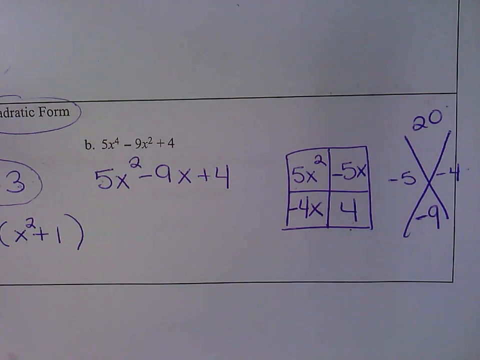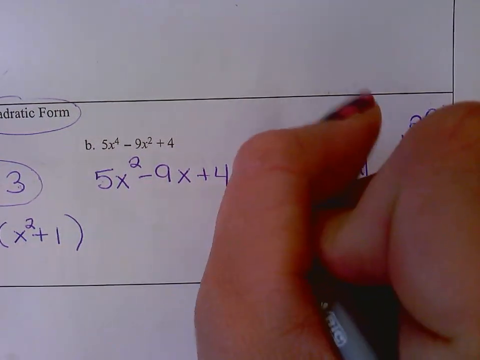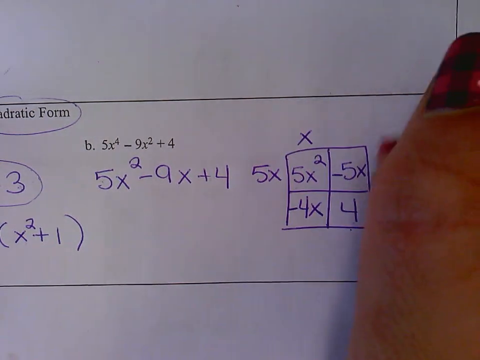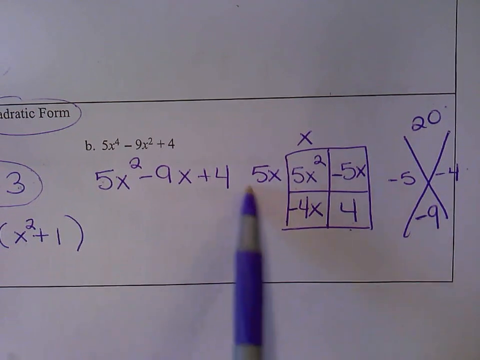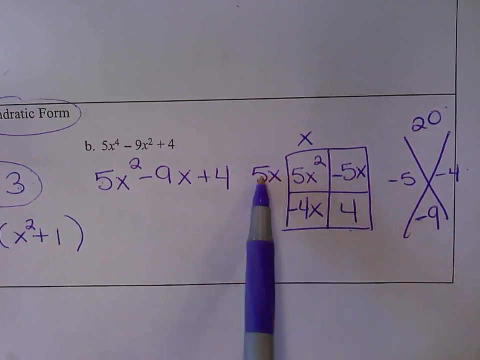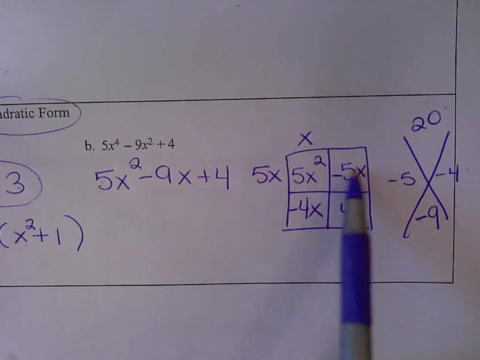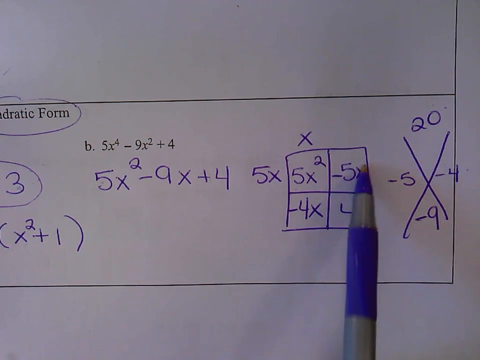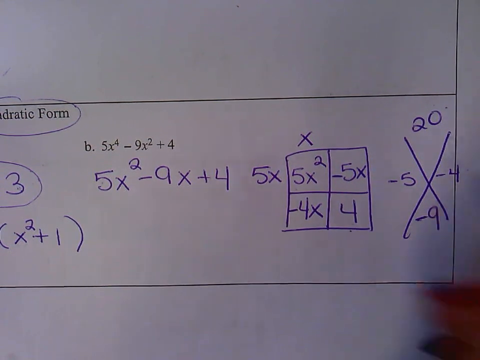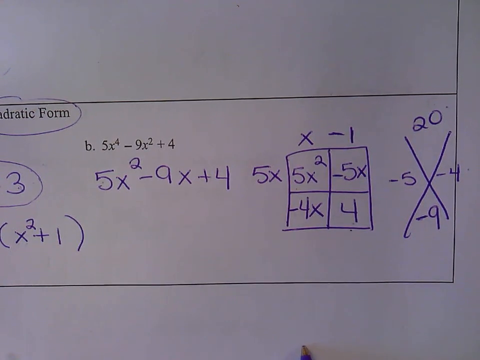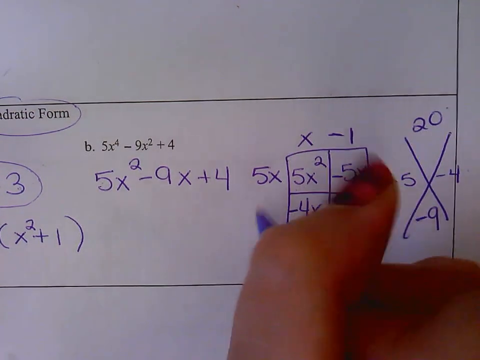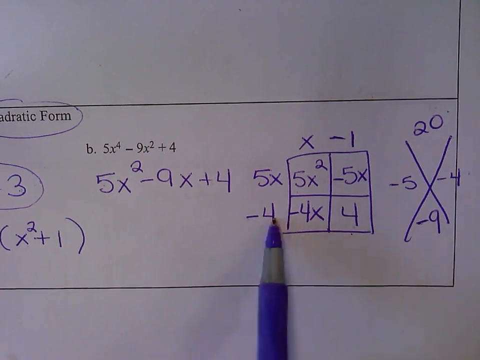Keep writing here. Let's see. x times x. Right, I know the 5x has got to go alongside the 5x row because I have to get negative 5x over here. So I'd have to multiply by negative 1 on top to make it negative 5x right there. And I'd have to multiply by negative 4 to make it negative 4x.